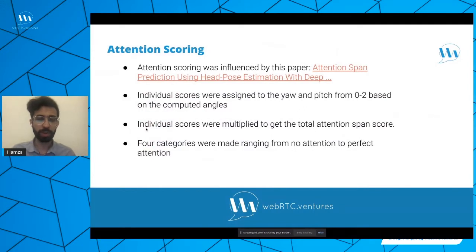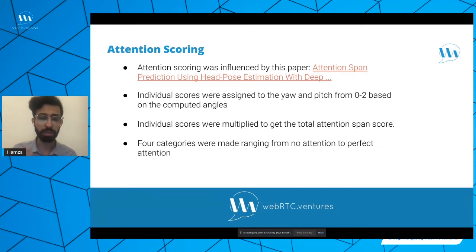Okay, great. We have the roll, the yaw, and the pitch, but how do we actually translate this into an attention score metric? We were influenced by a paper by some PhD students who did head pose estimation using neural networks. We used a much simpler form for that, but we used their attention score algorithm.